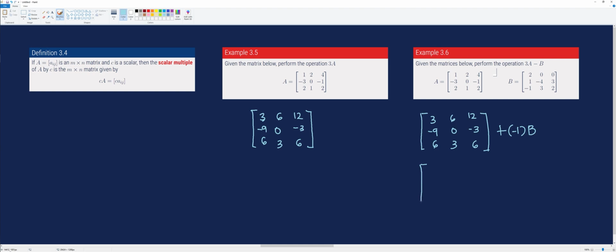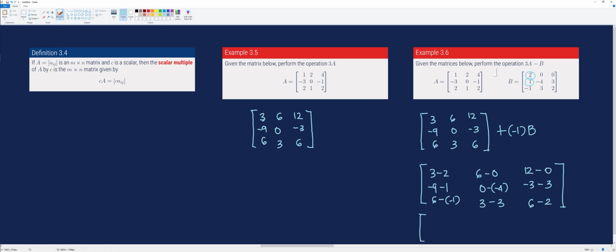That is 3 minus 2, because this is the first element of matrix B, negative 9 minus 1, 6 minus negative 1, 6 minus 0, 0 minus negative 4, 3 minus 3, 12 minus 0, negative 3 minus 3, and 6 minus 2.